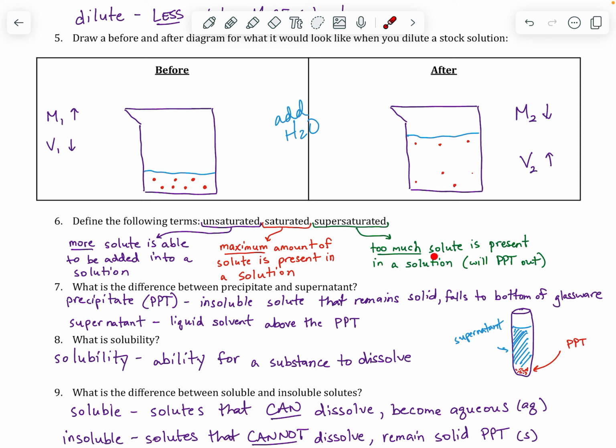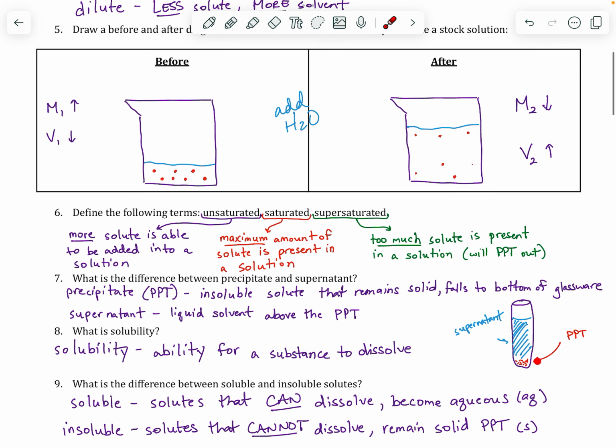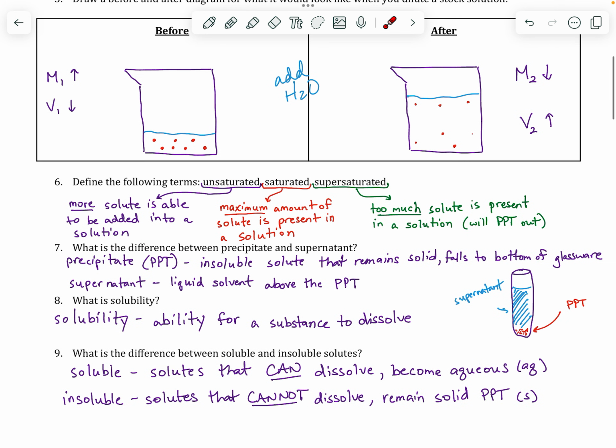But that's when you have too much solute present, more than you're able to actually dissolve, which would mean that it would precipitate out. And this is what the precipitate out portion would look like in terms of the two words that we use here for what would happen if a precipitate existed, right? Precipitate is the insoluble solute that remains solid.